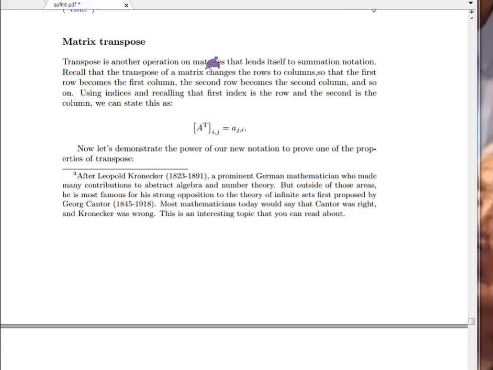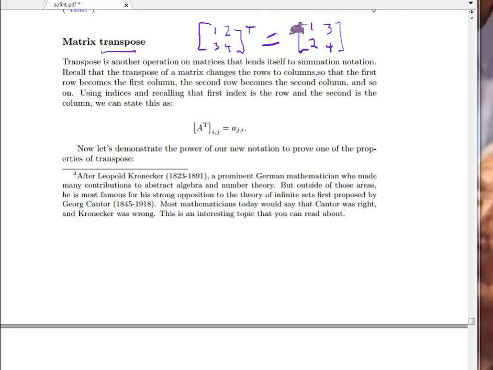Another common matrix operation is the so-called transpose. For instance, if I take this matrix 1, 2, 3, 4, and I take its transpose, well, the rows become columns and the columns become rows. So the first row here becomes the first column of the transpose. The second row becomes the second column of the transpose. So what's happened here?